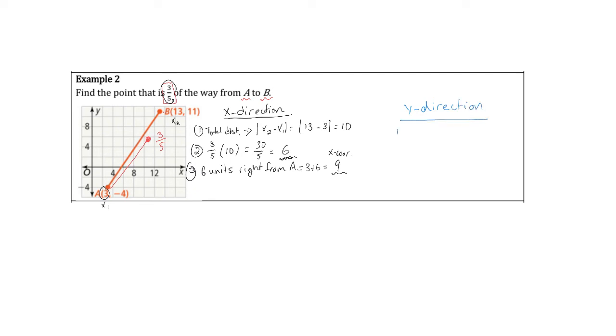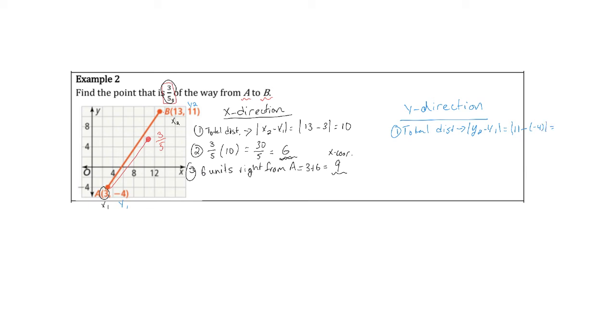Find the total distance. Instead, it's our y2 minus y1. y2 is 11, y1 is -4, so 11 minus -4.